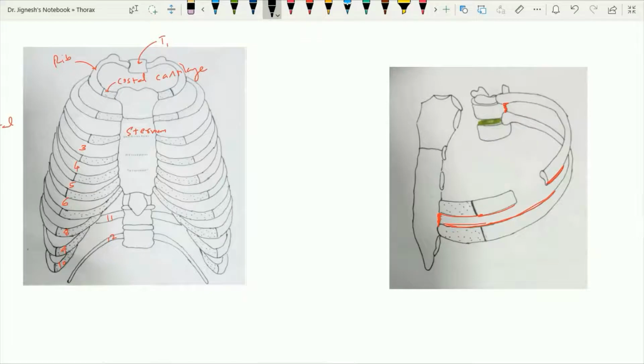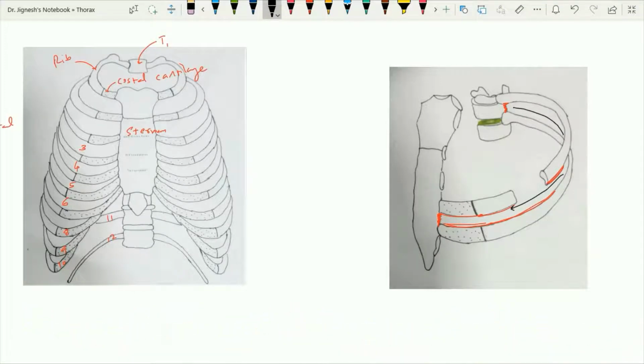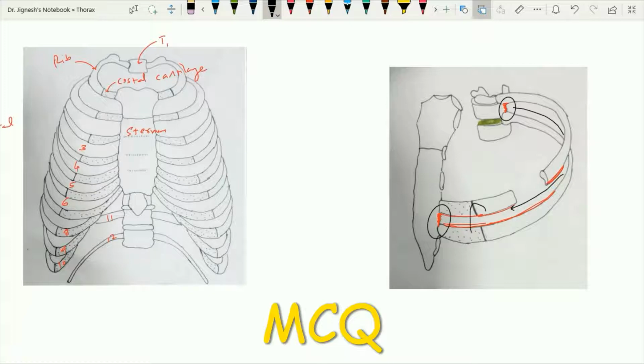The intercostal space passes downward and forward, and it is broader at the anterior aspect and narrower at the posterior part, while the widest portion is at the interchondral level.